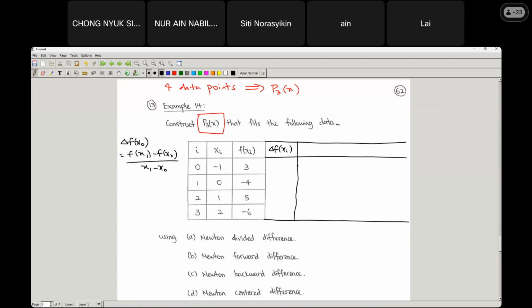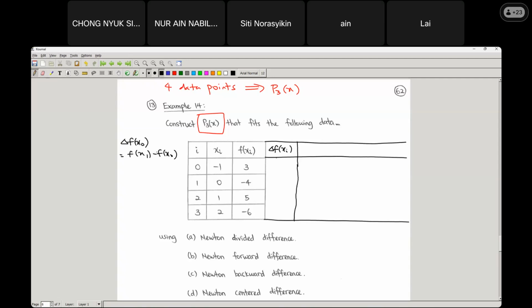I just want to make sure that I'm not writing a wrong formula. Oops, I'm wrong. So this is like this. Okay. So this is the formula.